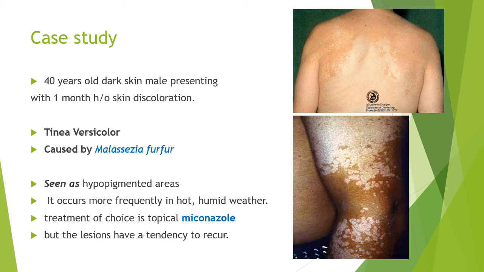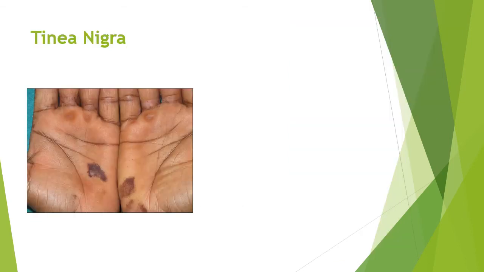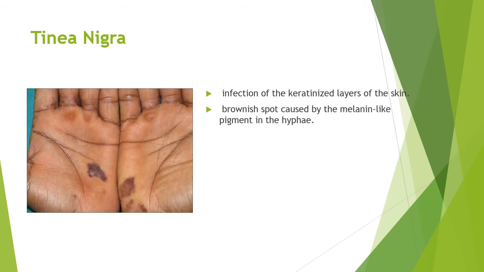Now we move on to another type of tinea infection, which is called tinea nigra. Can you see this picture here? It's showing you that there are dark areas that are infected with this type of fungus. It's on the keratin layer of the skin. It gives a very brown color, and this is caused by melanin pigmentation in the hyphae themselves, that gives this dark color.